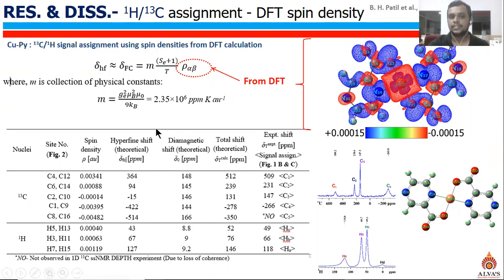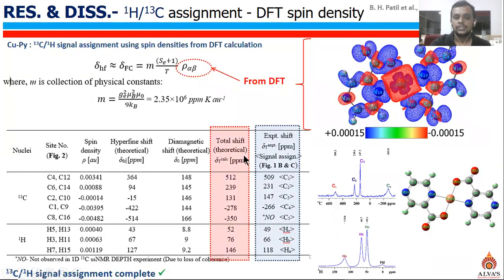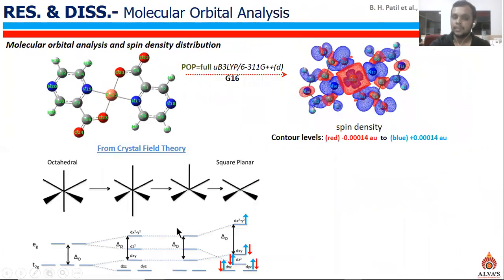The spin densities are put into the equation, and we got the theoretical and the experimental shifts, out of which 4 signals have been identified and one signal is not identified, due to the loss of coherence between the copper and the carbon, which are close to each other. In the same way, the proton shifts are in close relationship with each other. Hence the 13C and proton signal assignment is completed.